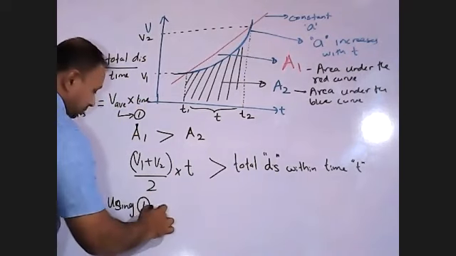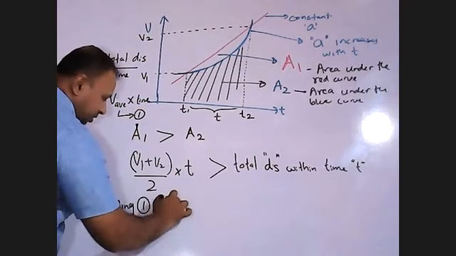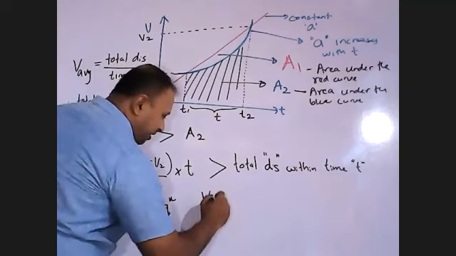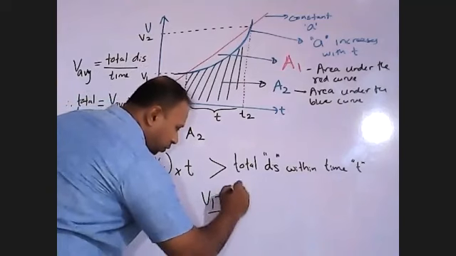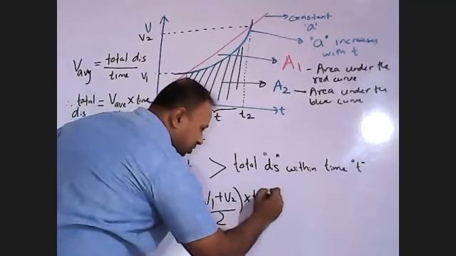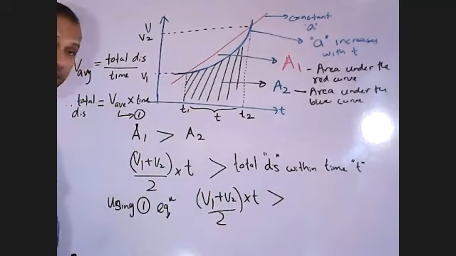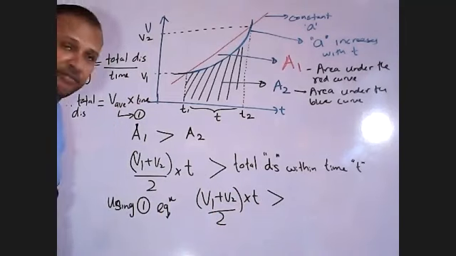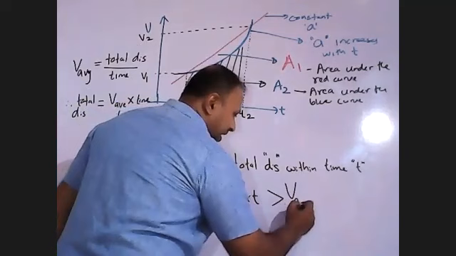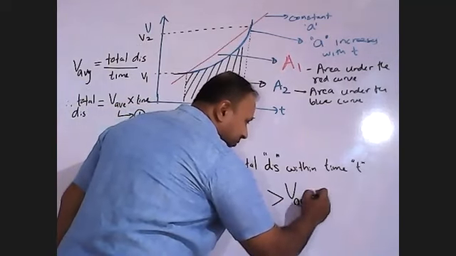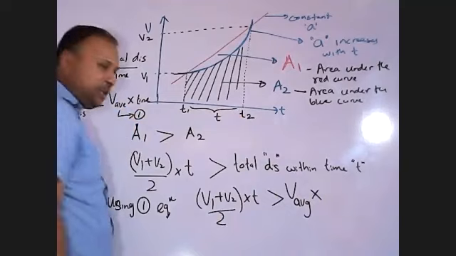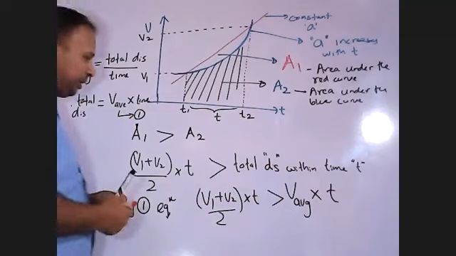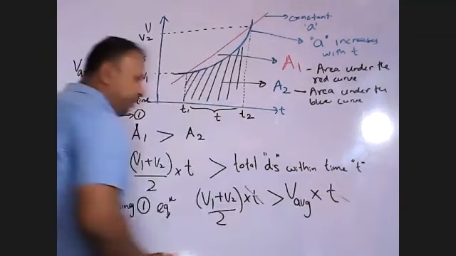Using equation one, I can write (V1 plus V2) over 2 times T is greater than V average into time. Time is T, so T and T will be cancelled out.